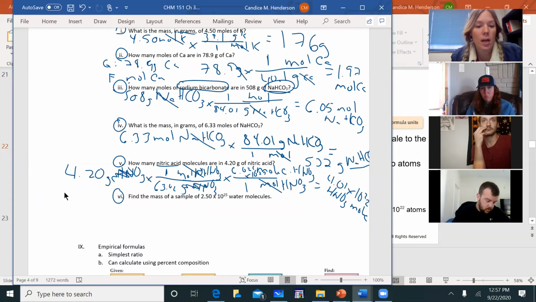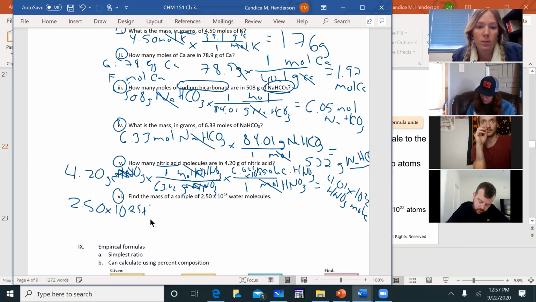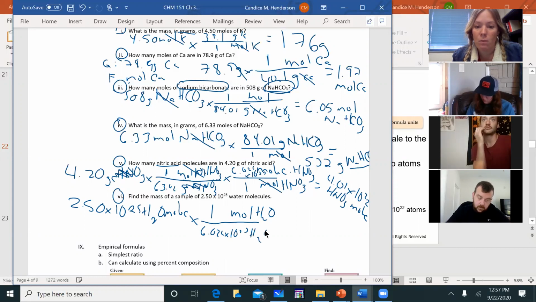All right, go in the other direction. 2.50 times 10 to the 25th water molecules, so H2O molecules. We're just sort of going from this side back that way. So again, I still have to go to moles first. So moles of H2O on the top, 1 mole will always be equal to 6.022 times 10 to the 23rd H2O molecules.